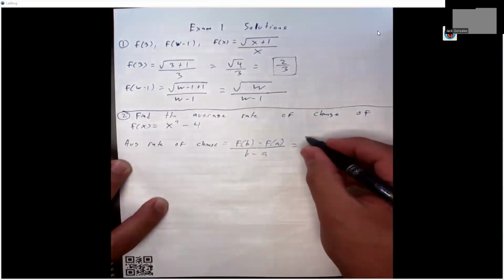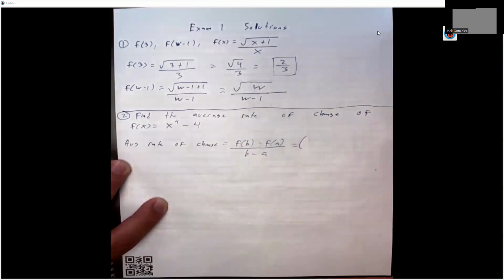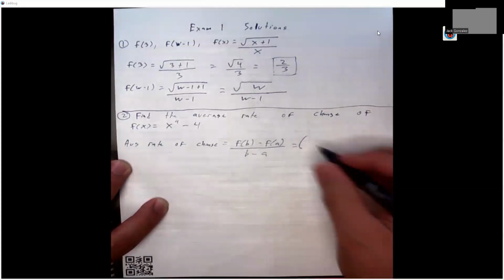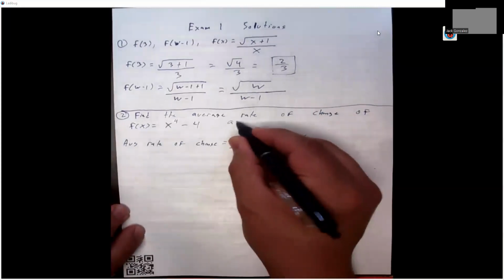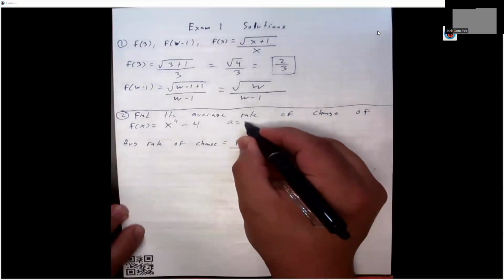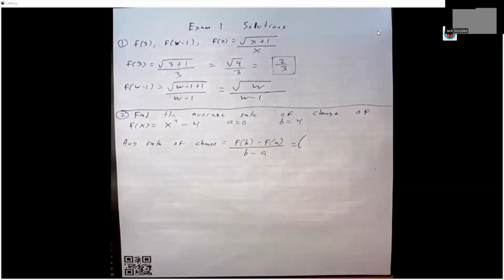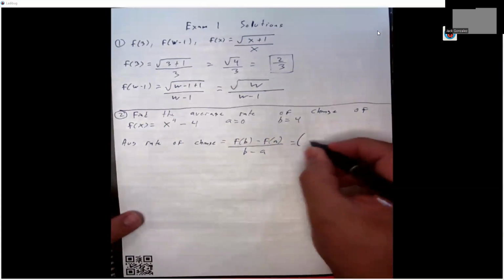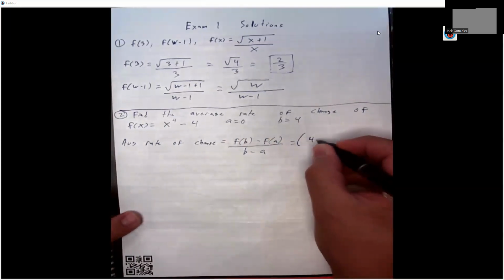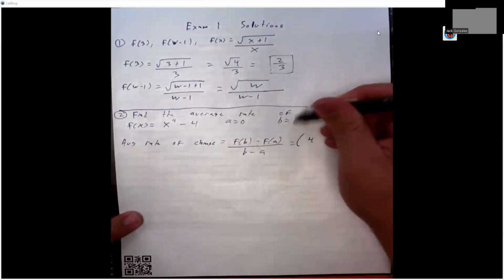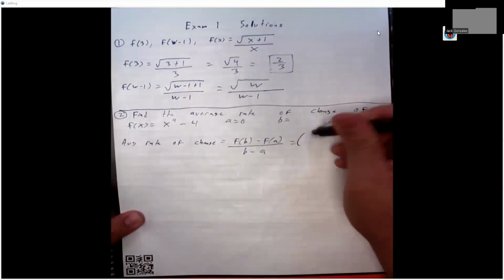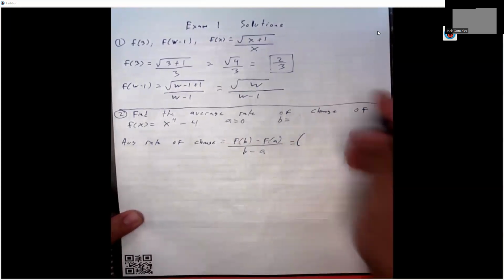So plug in, so I'm going to put parentheses on my first function, the b, plug it in. And a is going to be 0, b is 2. Just so they're not too big.